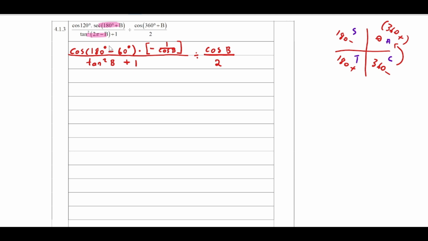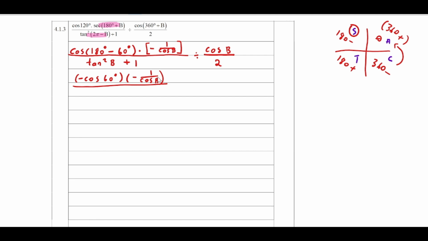So 180 degrees minus, it's in the second quadrant, and in the second quadrant only sine is positive, so that means cos there is going to be negative. So I'm going to have negative the cosine of 60 degrees multiplied by negative 1 divided by the cosine of b, and then divide everything by, okay.